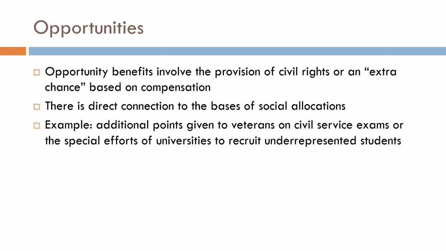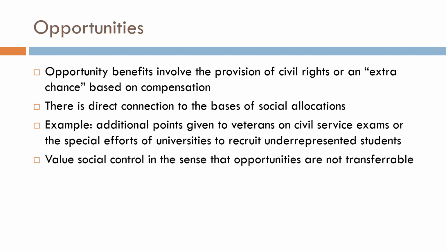So, for example, these are additional points that are given to veterans on civil service exams or special efforts of universities to recruit underrepresented students, etc. There is a value of social control in the sense that opportunities are not transferable, but there is also a value in terms of valuing equity in this case.